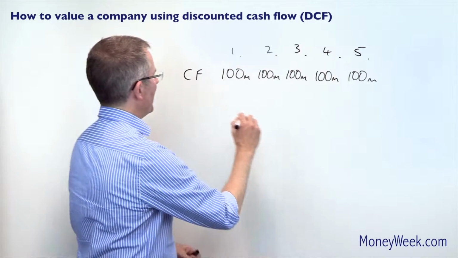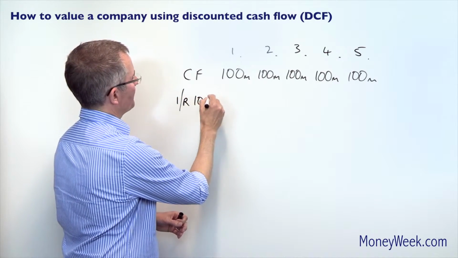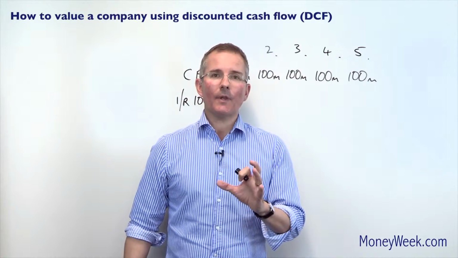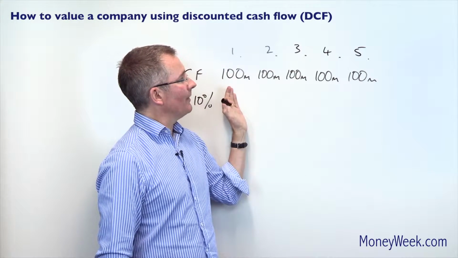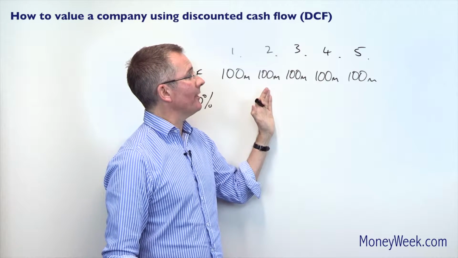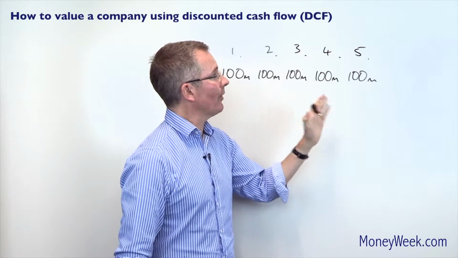Now, if you take an interest rate of 10%, what you're going to be saying is, based on that, 100 million received in a year's time is worth a little bit more than 100 million received in 2 years' time, which is worth a little bit more than 100 million received in 3 years' time, and so on and so forth.